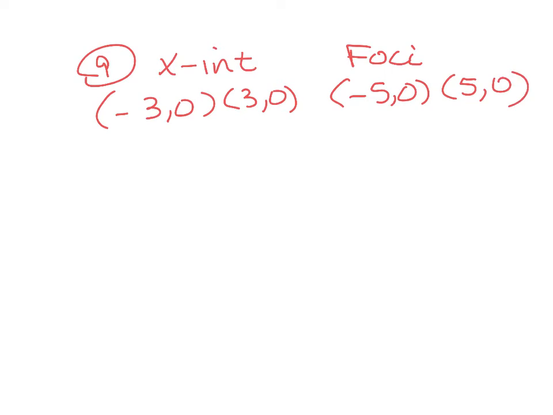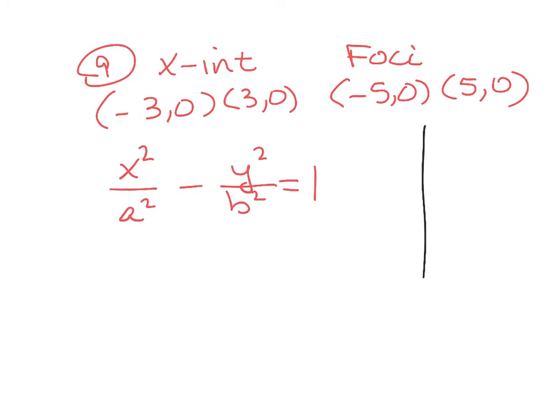Now, if you can already see that they've got zeros in the ordered pairs and that all the numbers are in the x spot, you don't necessarily have to give yourself a visual. Again, we can see that the midpoint is going to be 0, 0. So the equation I'm using is x squared over a squared minus y squared over b squared equals 1.